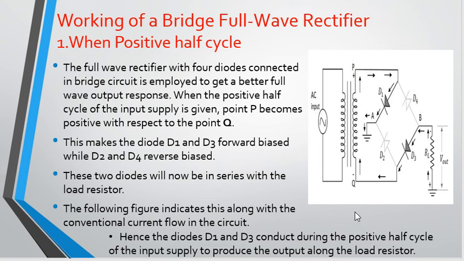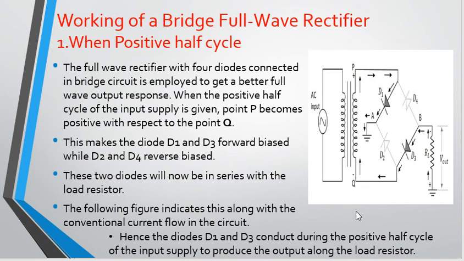When the positive half cycle of the input signal is applied across the bridge, diodes D1 and D3 become forward biased while D2 and D4 are reverse biased. So D1 and D3 are forward biased, so they will be on, and D2 and D4 are reverse biased, so they will be off.